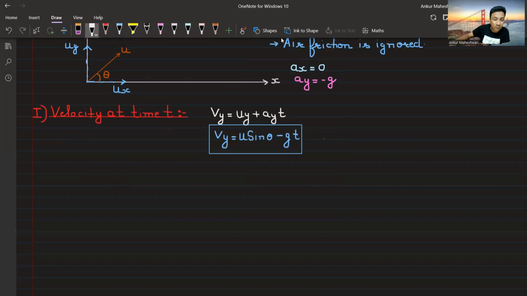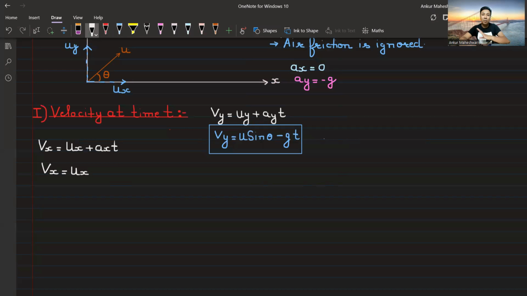Let us write the x component now. So Vx equals Ux plus Ax t. Now, since there is no acceleration along the x-axis, this Vx becomes Ux.